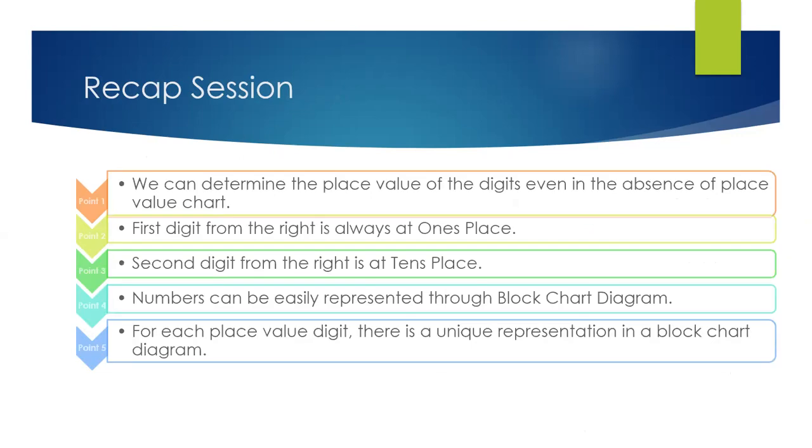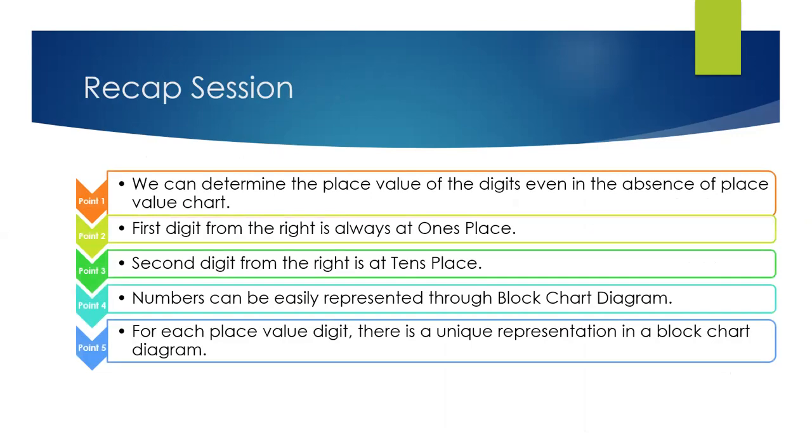Now, here is the recap session. What we have learned in today's lesson. We have learned that we can determine the place value of the digits even in the absence of the place value chart. How? The first digit from the right is always at ones place. Second digit from the right is at tens place. Third thing we have learned here is that numbers can easily be represented through block chart diagram. 100 can be represented by a grid of 100.